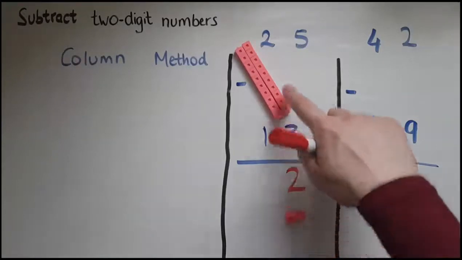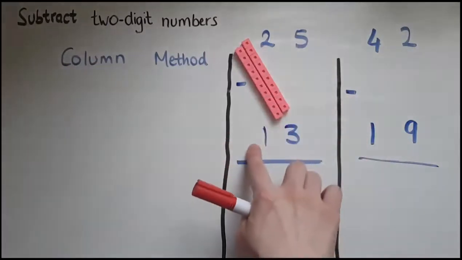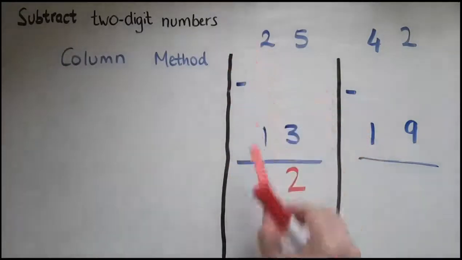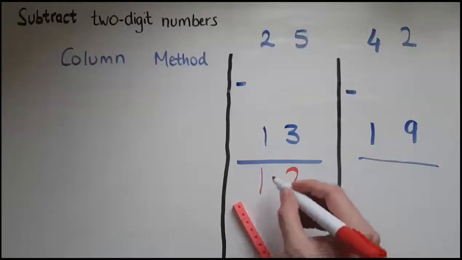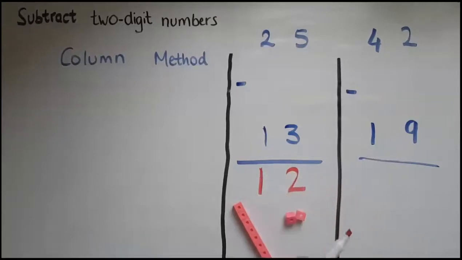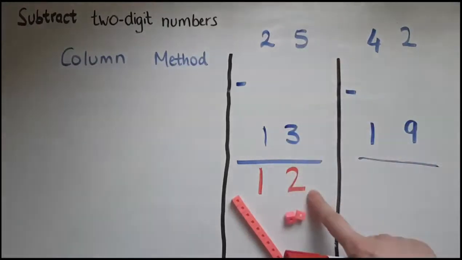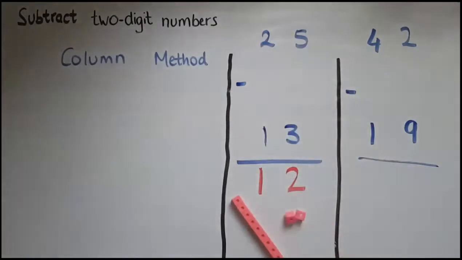Now I've got 2 of these sets of 10 and then I need to take away 1, so I'll take away 1. What I have left is just one of them, so I'll make that a 12. So 25 take away 13 leaves me with 12. So let's recap. We took away 3 from the 5 and we had 2 left. We took away 1 from the 2 and we had 1 left.